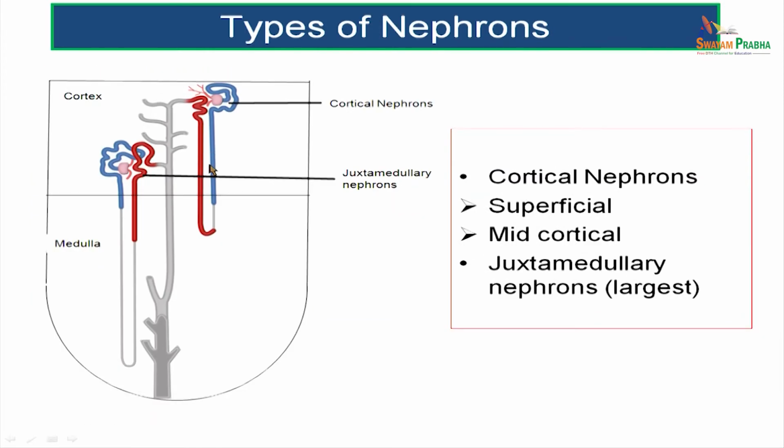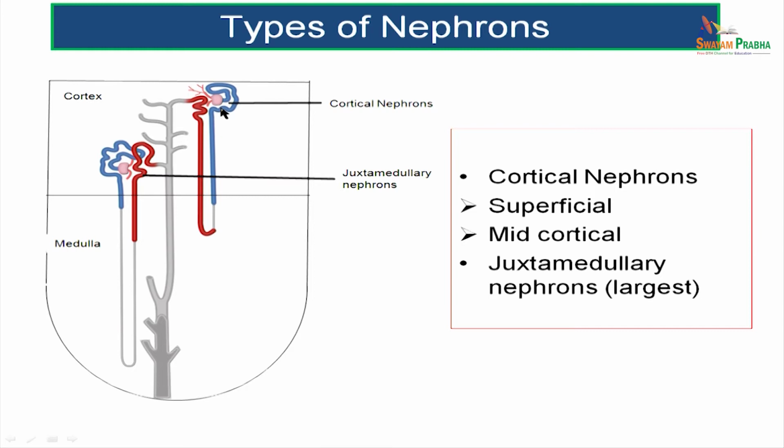Let us look at the types of nephrons. There are two types of nephrons based on their position. One is the cortical nephron, which is again divided into superficial and mid cortical depending upon their position. Please note, the tubules of cortical nephrons do not extend deep into the medulla.